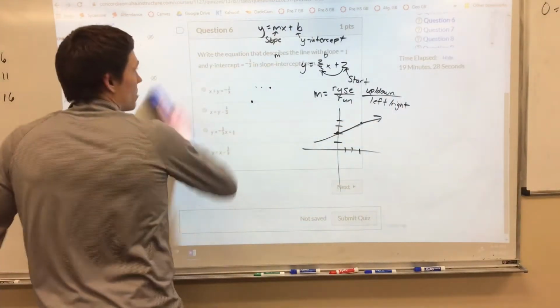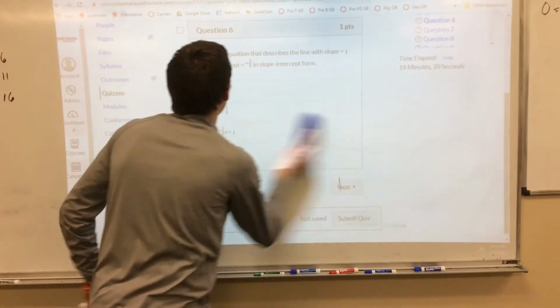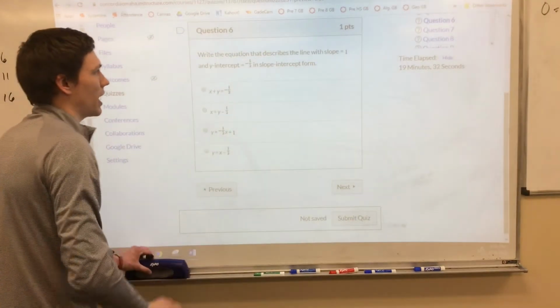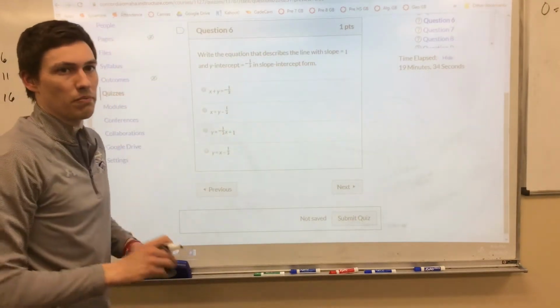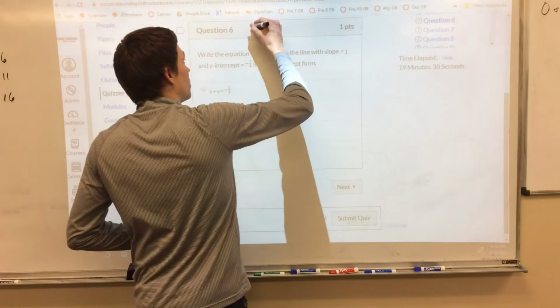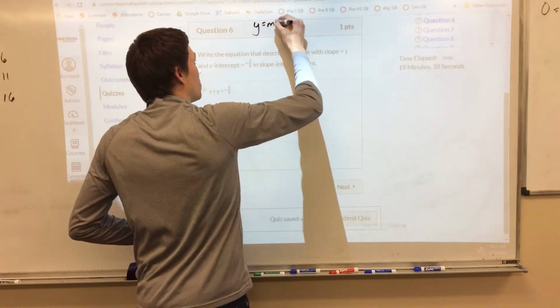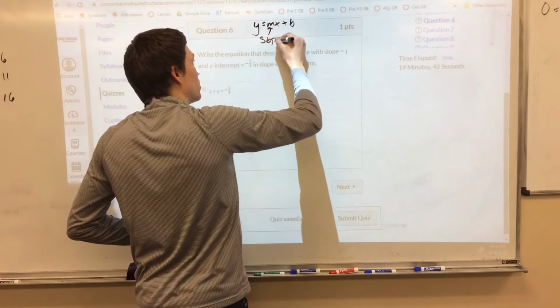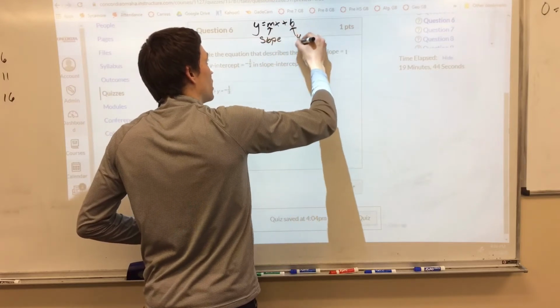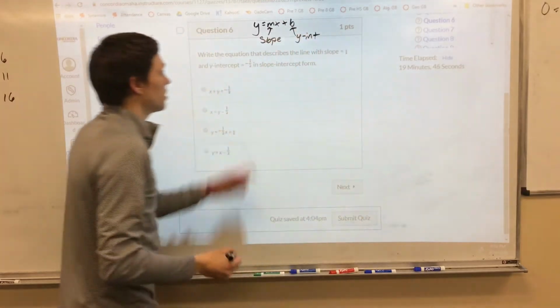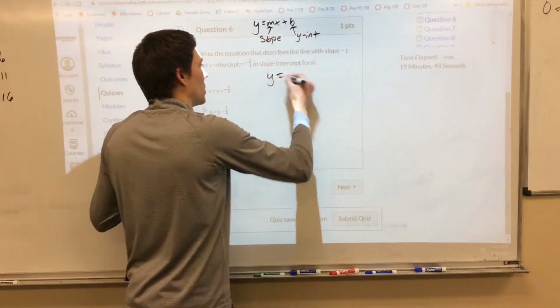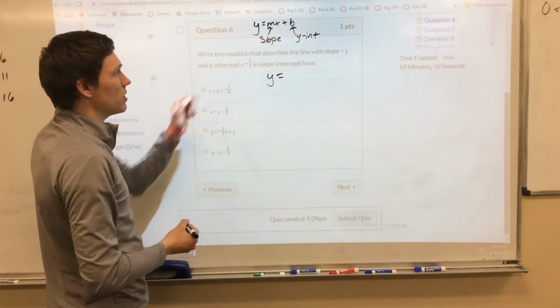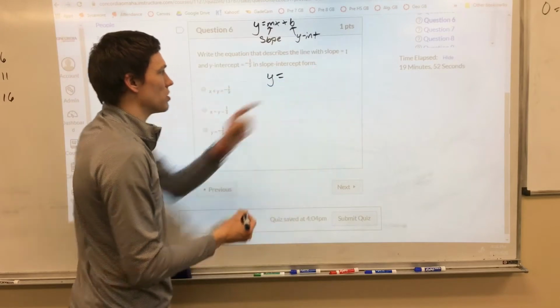Write the equation that describes the line with a slope 1 and y-intercept at -1/2 in slope-intercept form. So doing what we just did, y equals mx plus b. Remember, m is the slope, b is the y-intercept. So y equals, m is my slope, slope is 1.